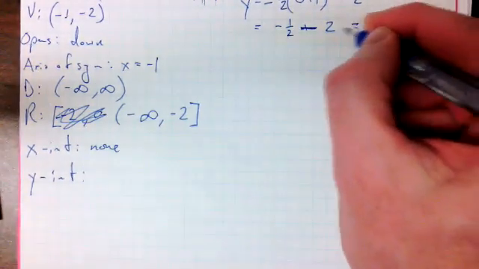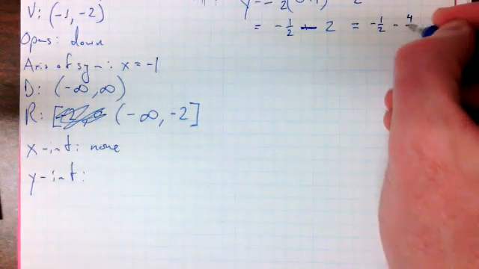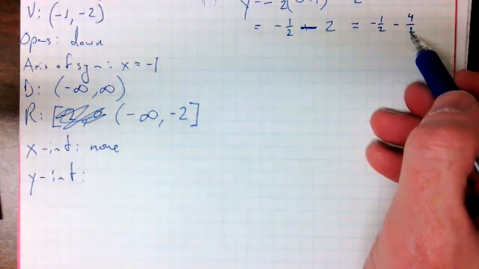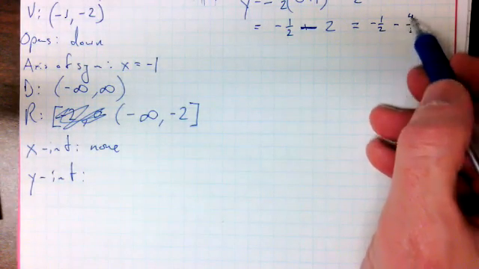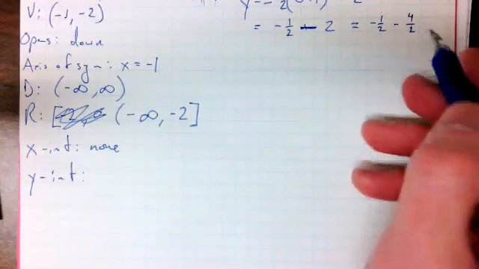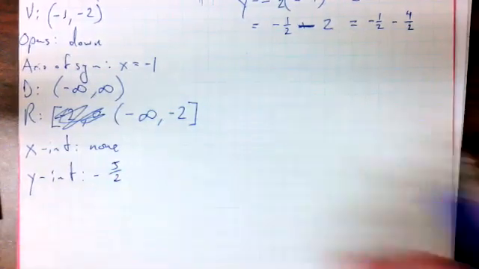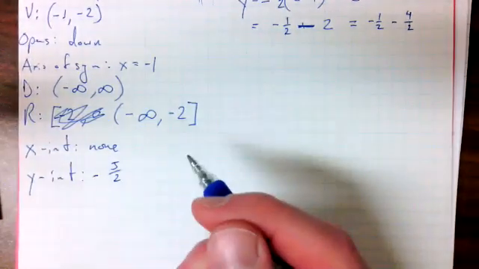Minus 2. Make this a fraction so we can combine these. -1/2 minus 4 over 2, because 4 over 2 equals 2. -1 minus 4 is -5 over 2, or -2.5.